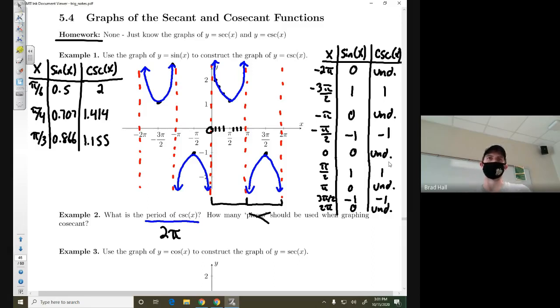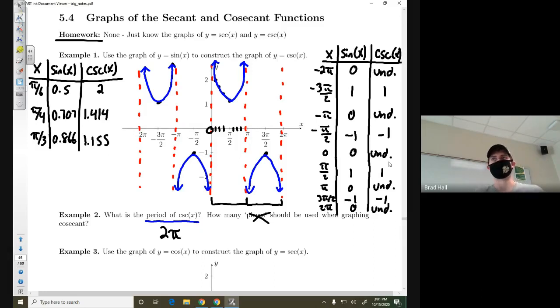Pieces, it doesn't matter. We're not doing anything with pieces. It doesn't matter how many pieces. If anything, we would do the same thing as we did with sine, so 4 pieces, 5 intervals, but we're not doing anything with this. Really, as the homework says, just know these graphs.